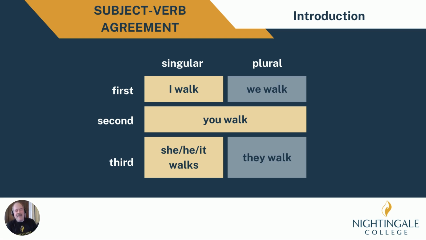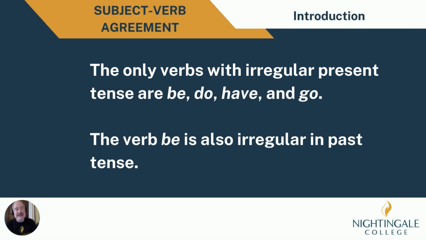The only time that we see a difference between the singular and plural is with the words yourself, singular, and yourselves, plural. Beyond that, this is just the way that verbs work, particularly in the present tense in English.